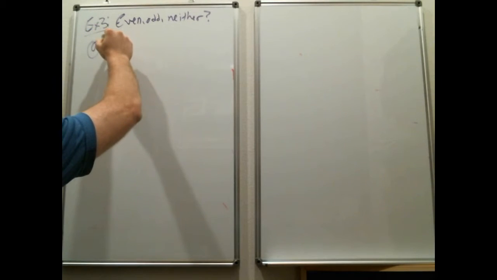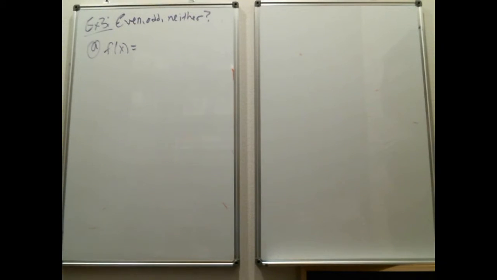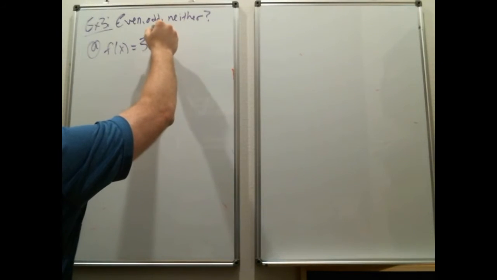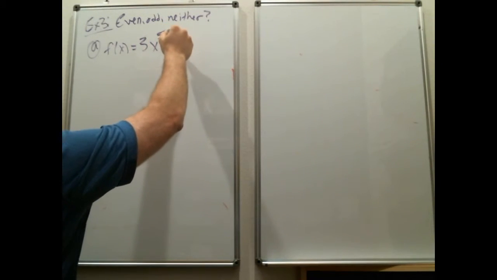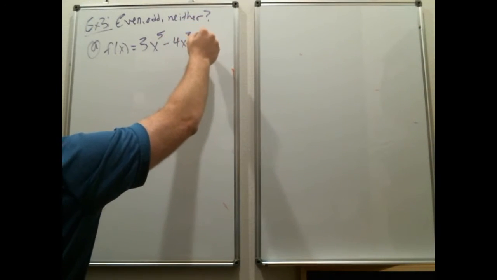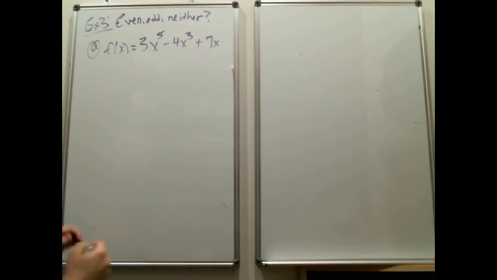And here's part A. If you have f of x equals, let's call it 3x to the 5th minus 4x cubed plus 7x.